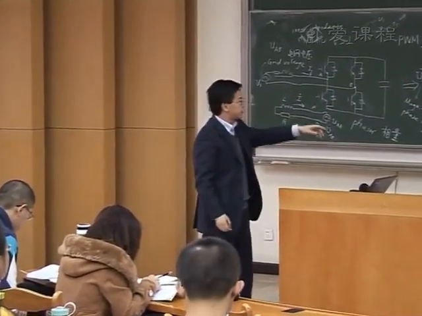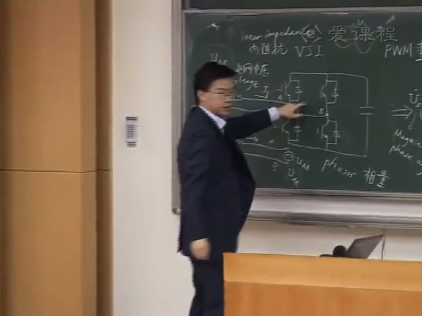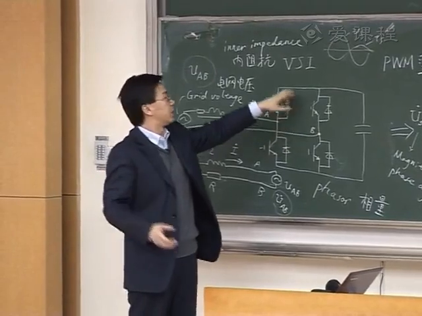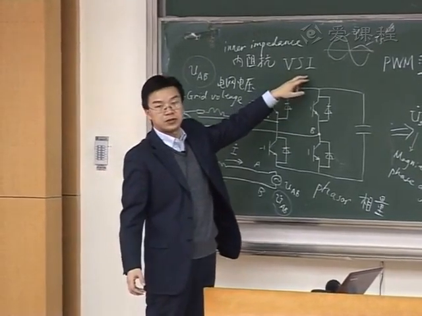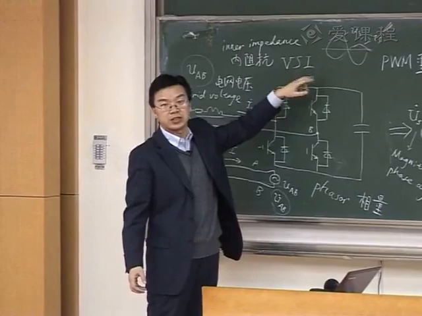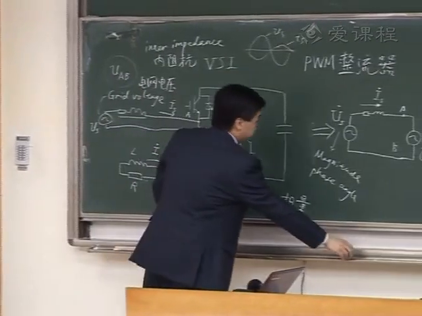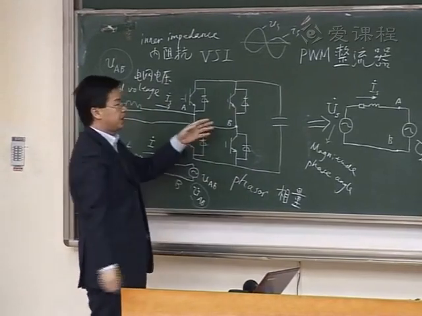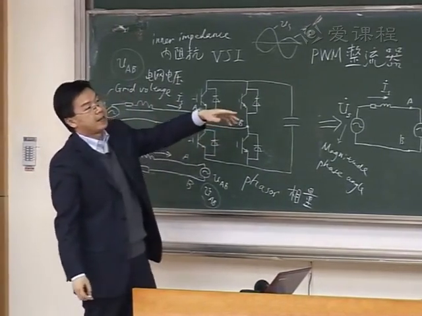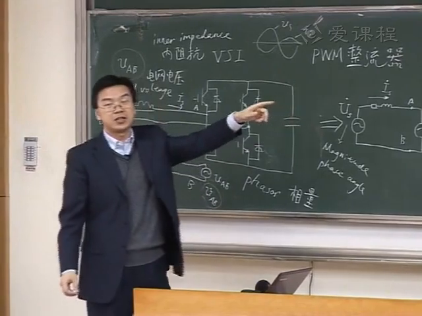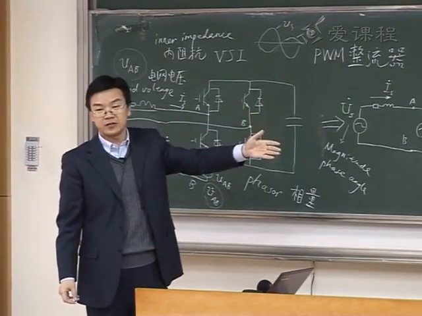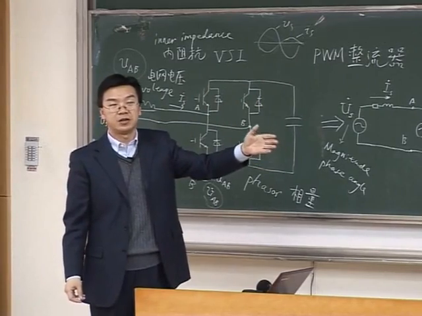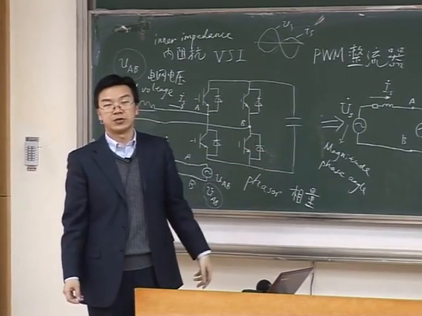So in this sense, this circuit diagram, voltage source inverter, usually we do not call it a voltage source inverter. We call it a voltage source converter, because it could work not only under inverter mode, but also under rectifier mode or under pure reactive power generation mode.